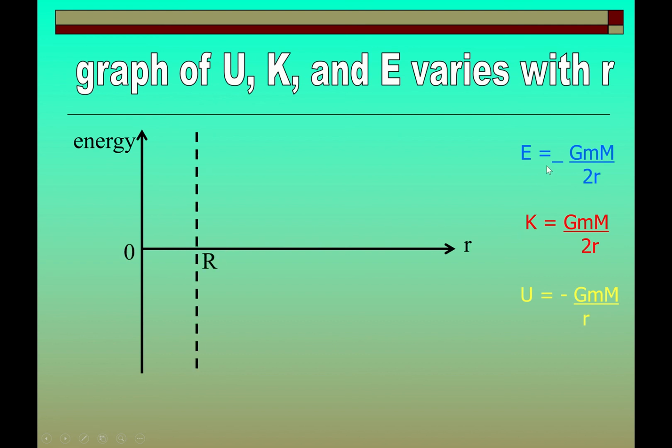For total energy, E, we sketch like this, because E is inversely proportional to r. Then the graph is of decreasing value, and R here is the guidance line for the surface of the Earth, because capital R is the radius of the Earth.